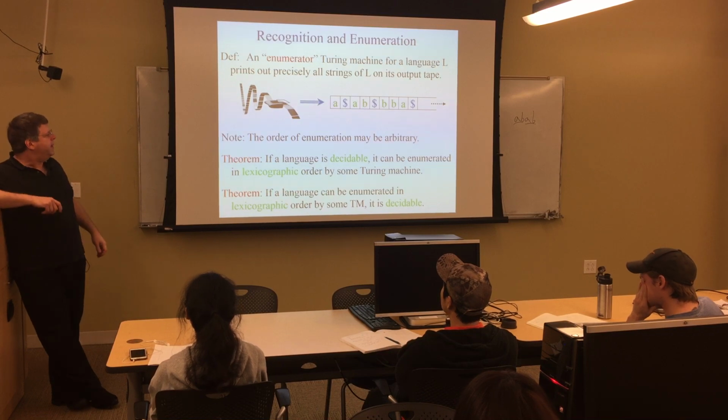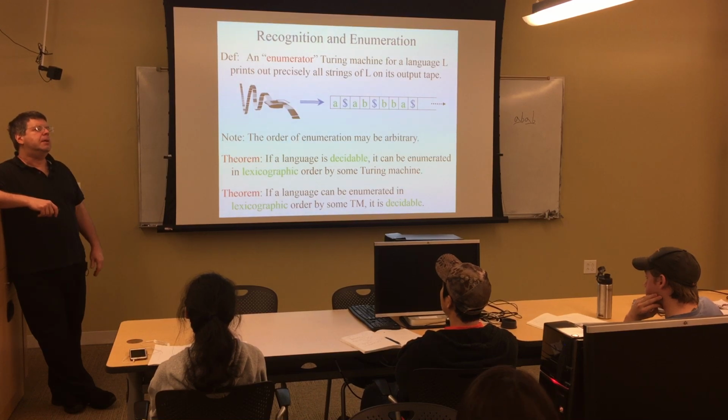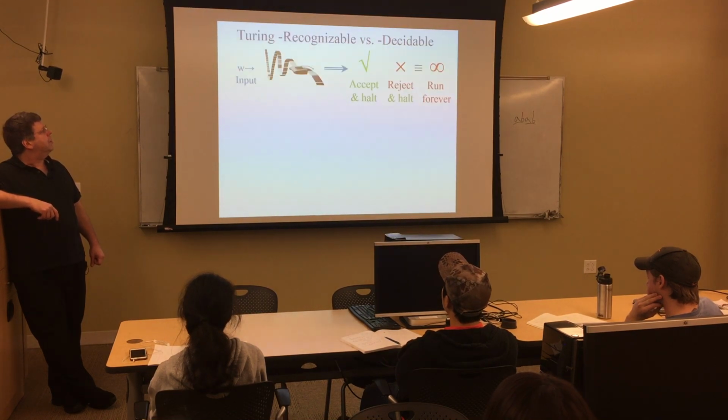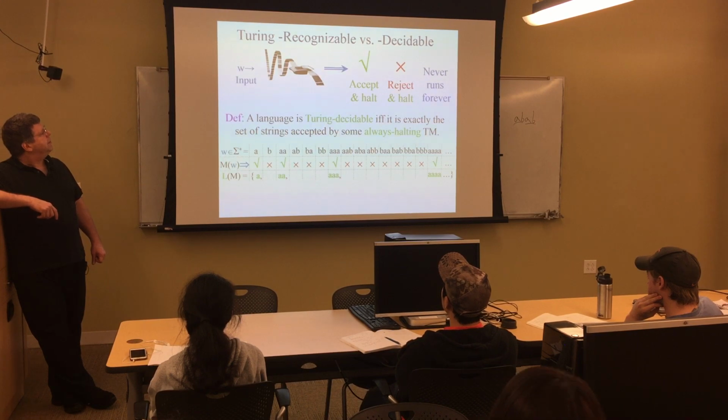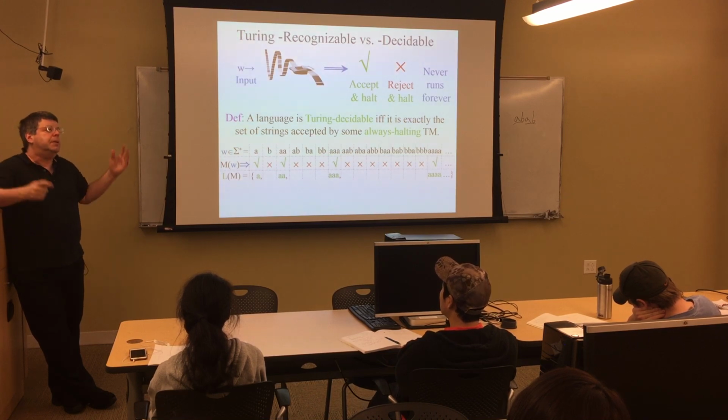Let me try it a simpler way. In the first theorem, we're building a lexicographic enumerator from a decider by calling the decider on everything in sigma star in order. The decider, what does it do? It always halts. How do we know? Because that's what deciders do, right? They never run forever. So a decider always halts, either with a yes or a no. Never with an I don't know or running forever.